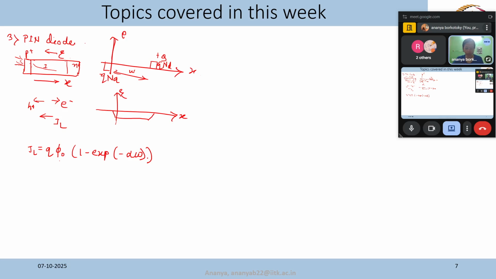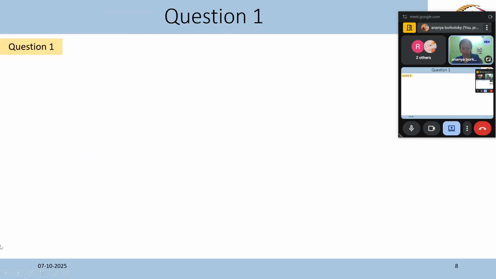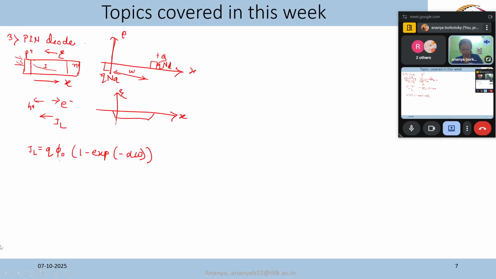W is the width of the depletion layer. There are certain assumptions while finding this expression. We are considering that there is no recombination of electron and hole pairs in this depletion width region.